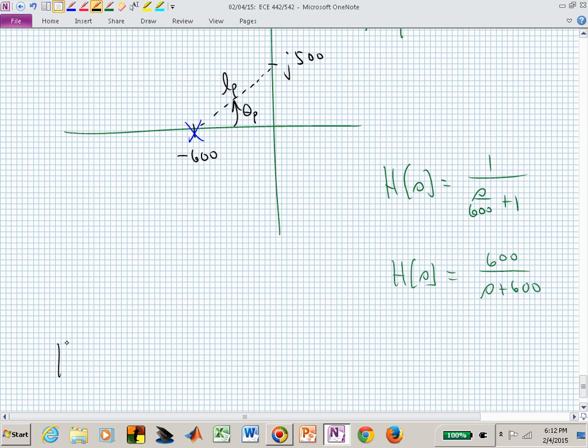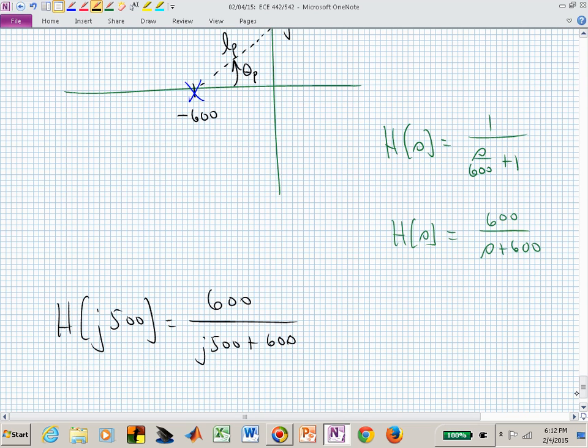Meaning, if we now have H of j500, we have 600 over j500 plus 600 as a complex number. We're just replacing s with j500, and that denominator is a complex number that has a length and an angle.